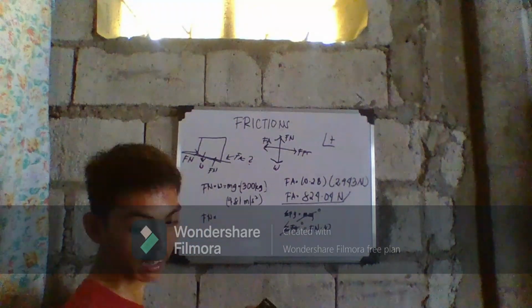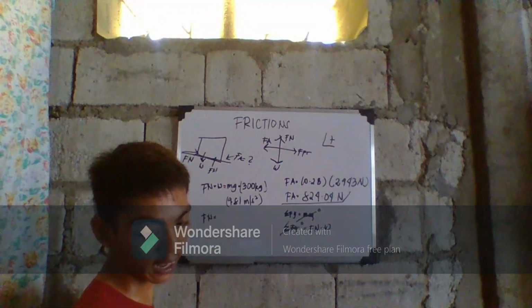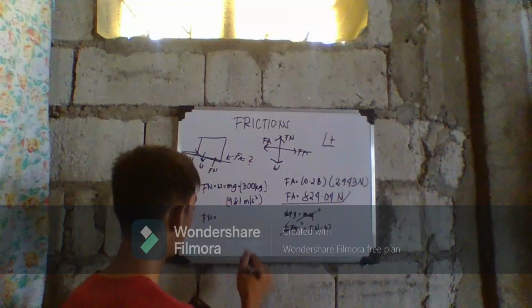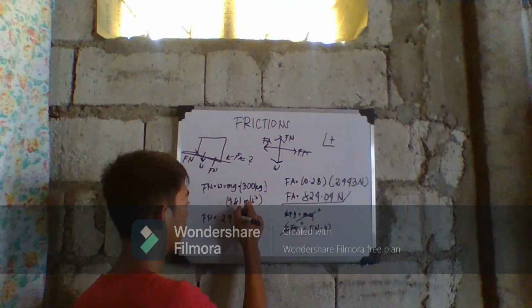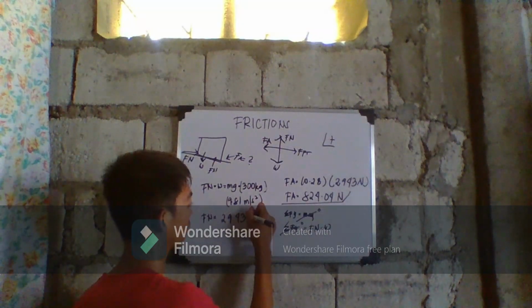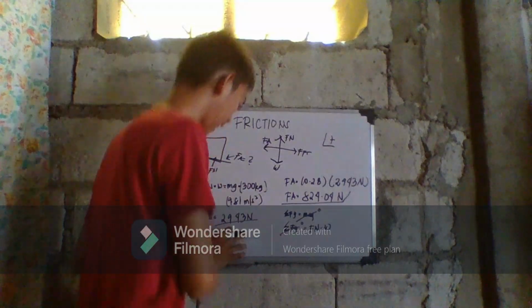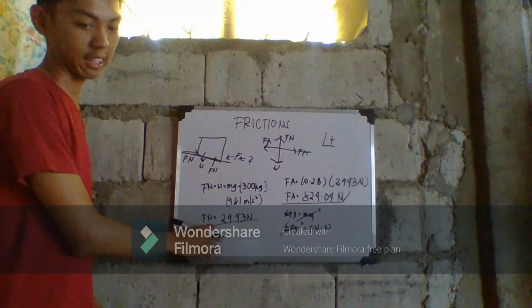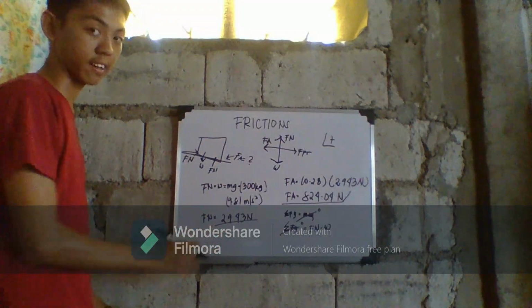By calculating, meron tayo 2,943 Newton. So, ito yung nagiging sagot natin dyan sa force net natin, sa static friction at kinetic friction.